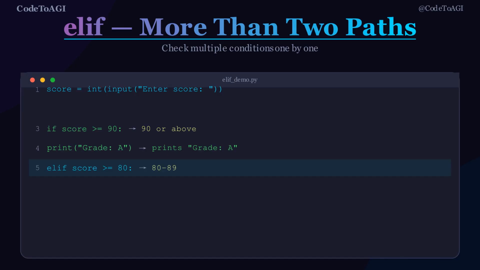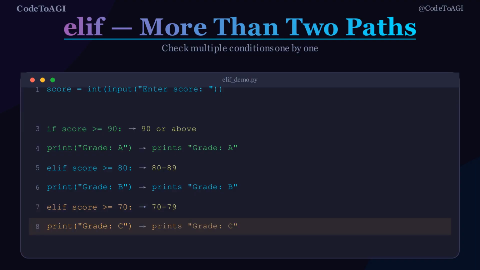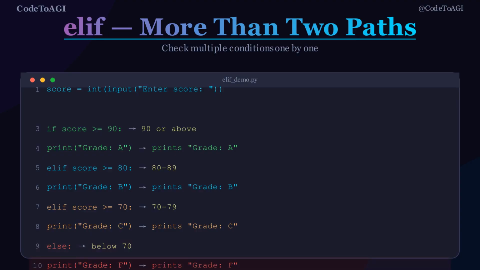If score is 90 or above, grade A. Else if score is 80 or above, grade B. Else if score is 70 or above, grade C. Otherwise, grade F. Python stops at the first true condition. If score is 95, it hits the first if, prints grade A, and exits. It does not check the rest. This is efficient, clean, and logical.